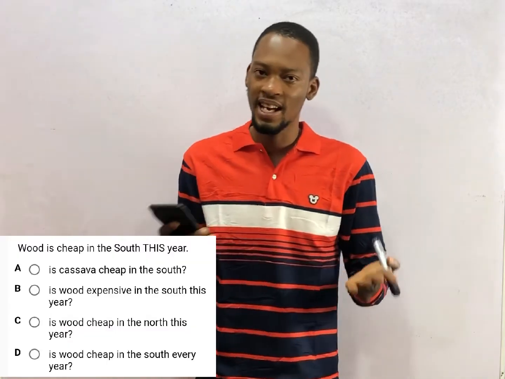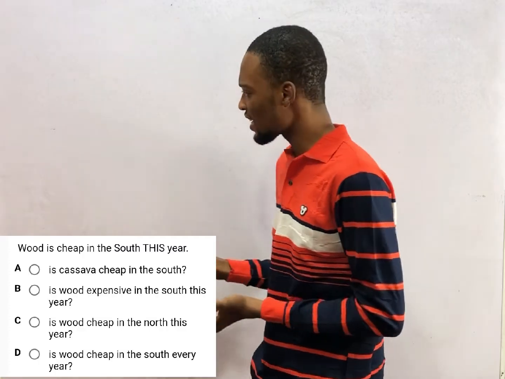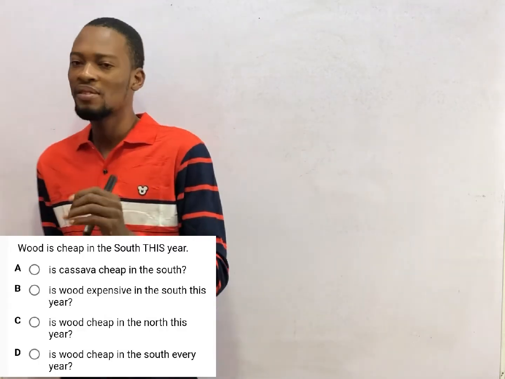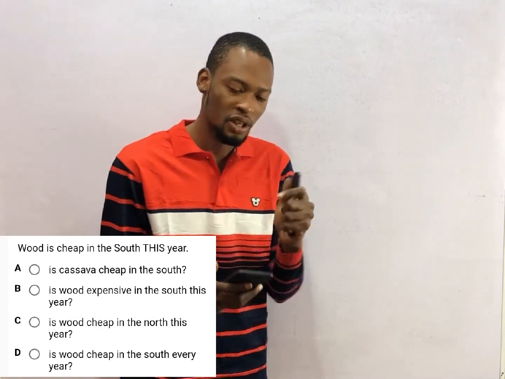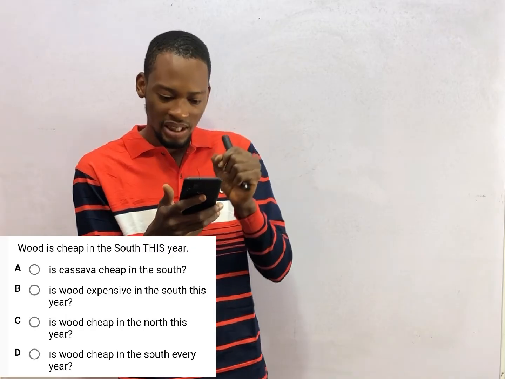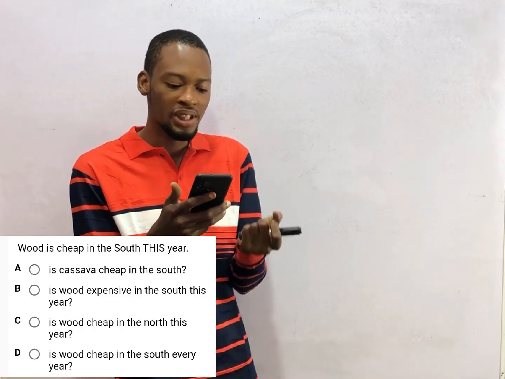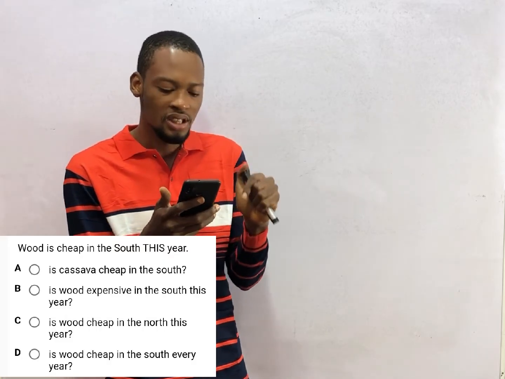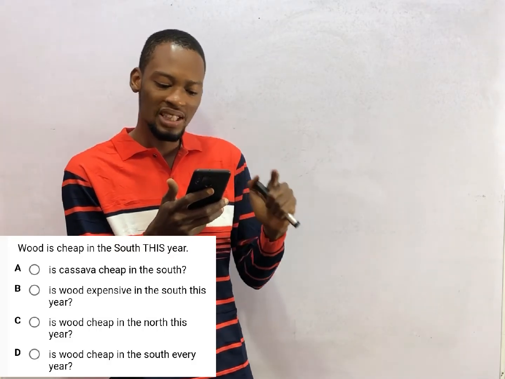This year is emphasized. Now, why do we emphasize words? This is to avoid misinterpretation. Look at the options. A says, is cassava cheap in the south? B says, is wood expensive in the south this year? C, is wood cheap in the north this year?